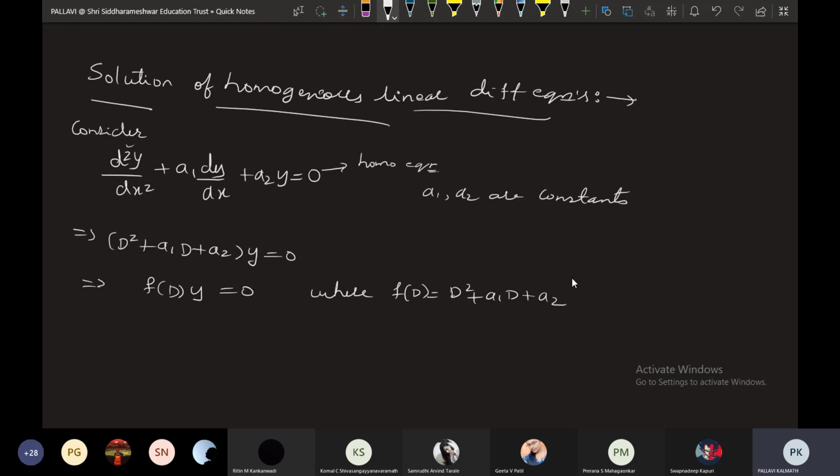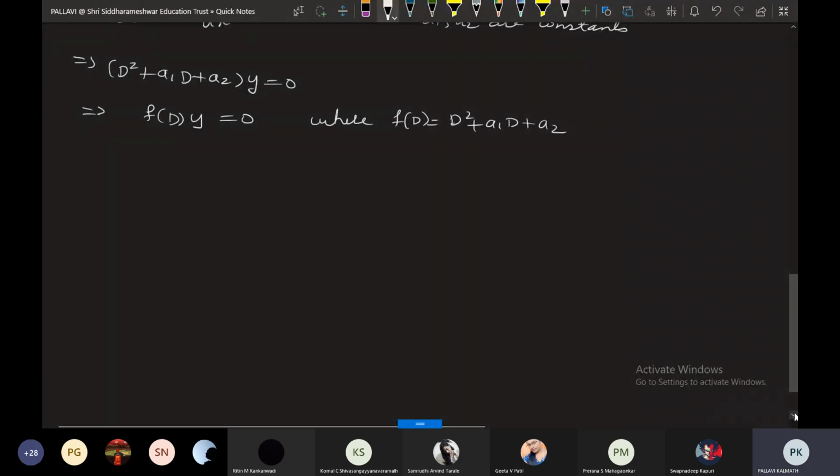Okay, so here, actually, if y1 and y2 are two linear independent solutions, listen to me after this step. If y1 and y2 are two linear independent solutions of this equation.